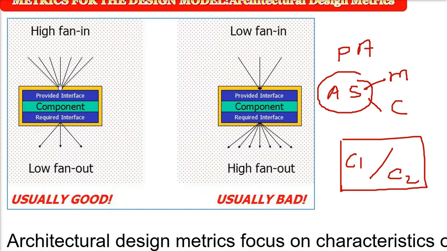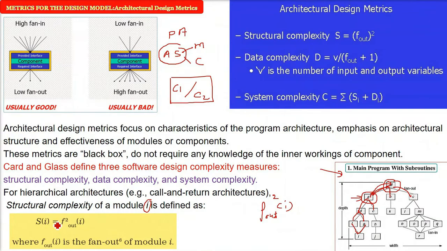Usually we want high fan in and low fan out. We don't want low fan in and high fan out. So just square the fan out and you are going to get the structural complexity.